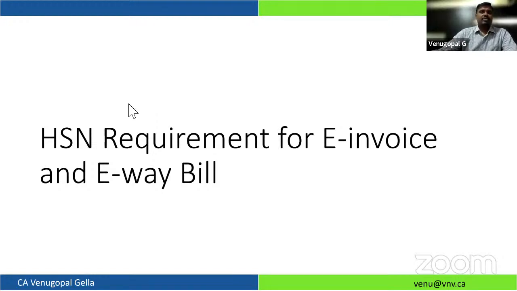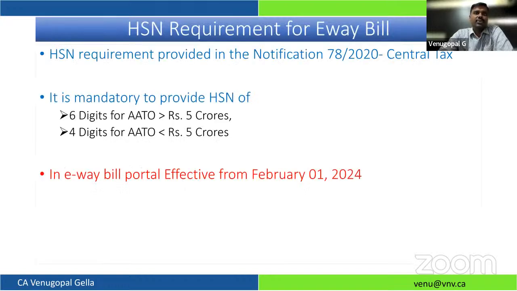The next part of the discussion is the HSN, which has now come up. We had notification 78/2020, wherein it is made mandatory that the HSN be given in table 12 of GSTR-1 at 6 digits if your turnover is more than 5 crores, and at 4 digits if your turnover is less than 5 crores. While you are generating the e-way bill, the portal was not specifically asking this.